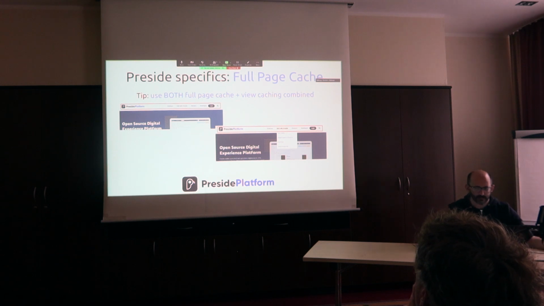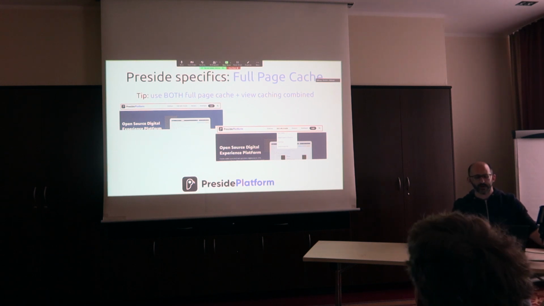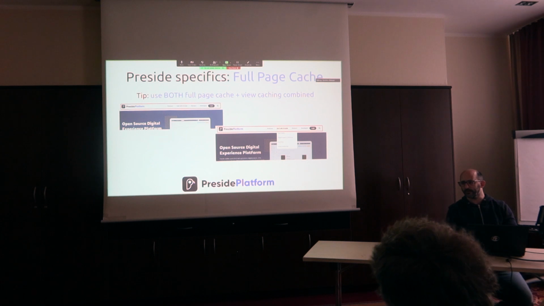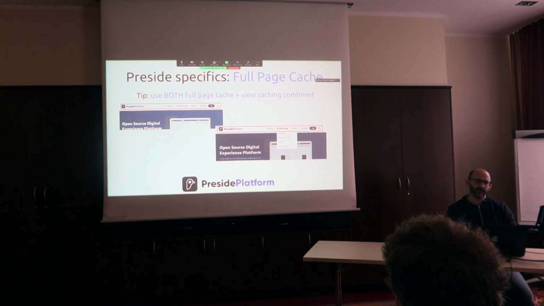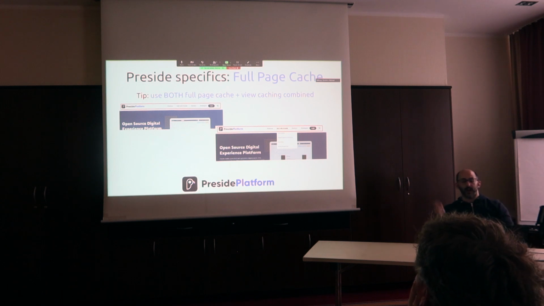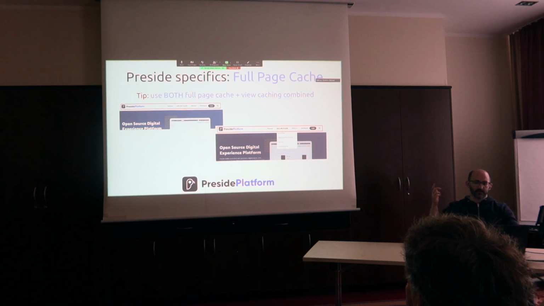Let's say you've got like 2,000 pages. Chances are, even if you've got full page cache, you can have 50 to 60% of hits hitting cold pages that aren't cached. And the nav header is the same on every single one, other than what the active page is, which you can actually solve with CSS or JavaScript. So you can actually cache the entire header.